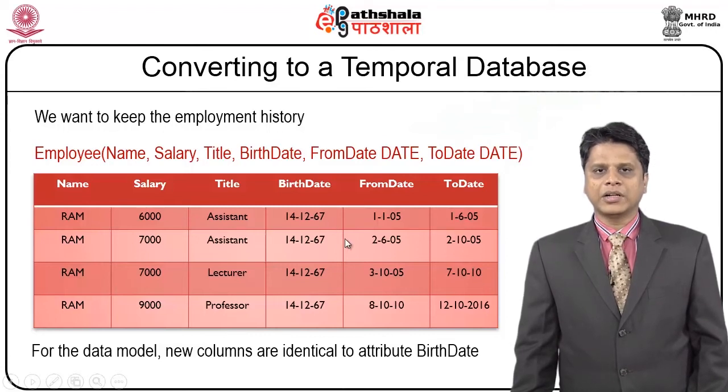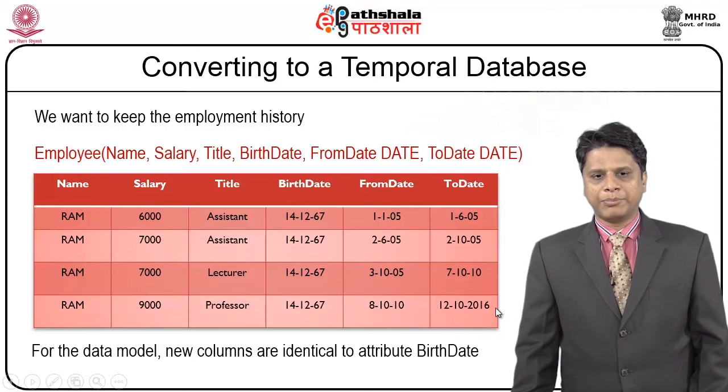Then at the next instance, Ram gets an increment of salary by 1,000 rupees. That is for a period of another 4 months, with the same salary, but the title has been revised from assistant to lecturer. Then that has happened for some duration, and from lecturer to professor there is an increase both in the salary and in the title between a time period.